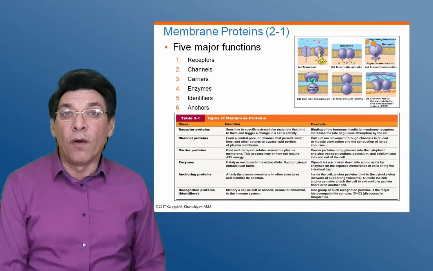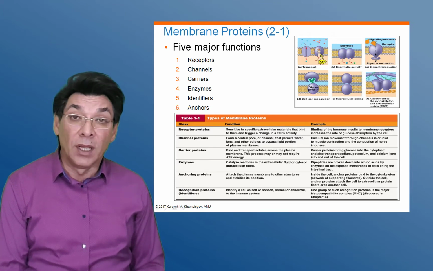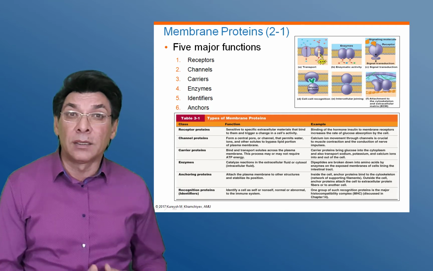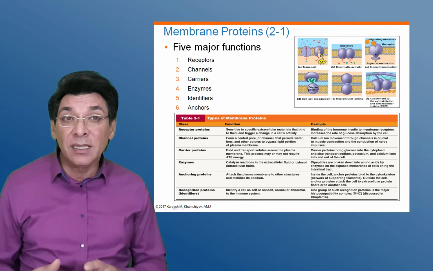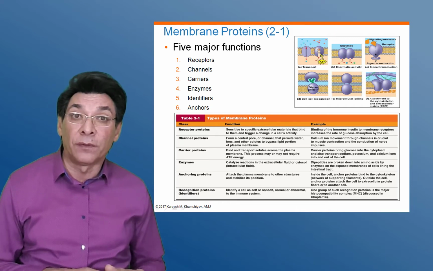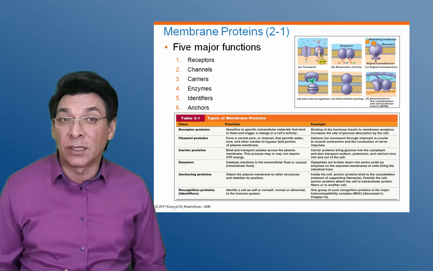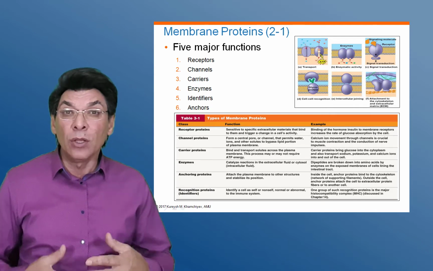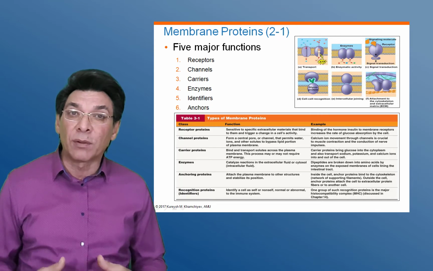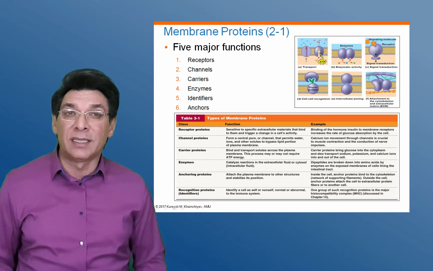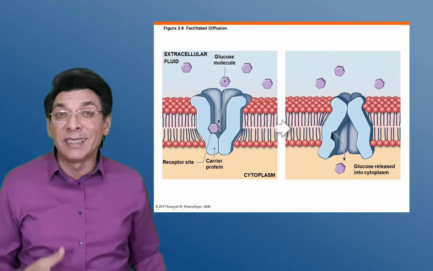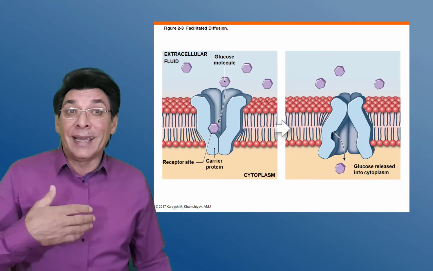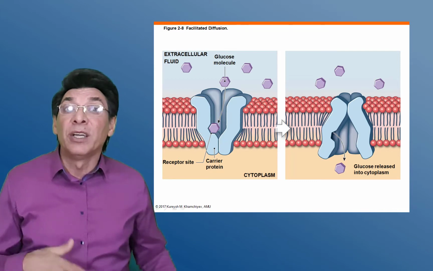The second type of protein transporters are called protein carriers. These never form a direct or continuous passage between the ECF and the ICF. They have a binding site like enzymes and will only transport specific molecules that match this site. Once the molecule binds to the site, the protein carrier undergoes a conformational shape change.